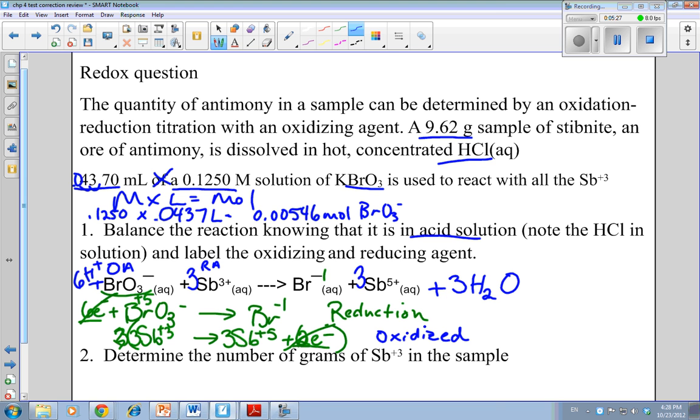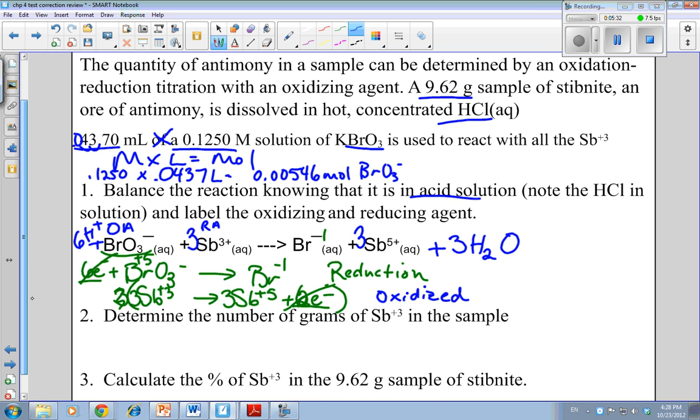If I look down at the equation, there's no number in front of BrO3, and in front of the Sb there's a 3. So the mole ratio is that for every 3 moles of Sb+3, I'm going to consume 1 mole of BrO3.